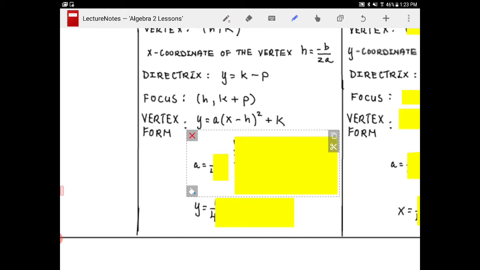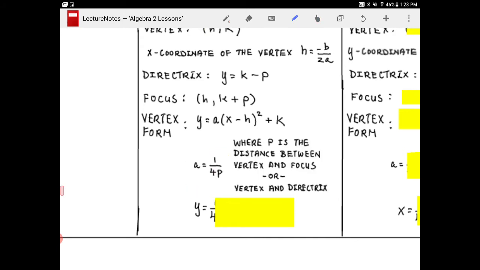It told us where the directrix and focus is going to be situated, because the leading coefficient is equal to 1 over 4p, where p again is the distance between the vertex and the focus, or between the vertex and the directrix.